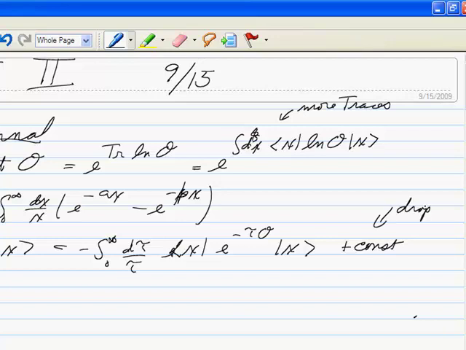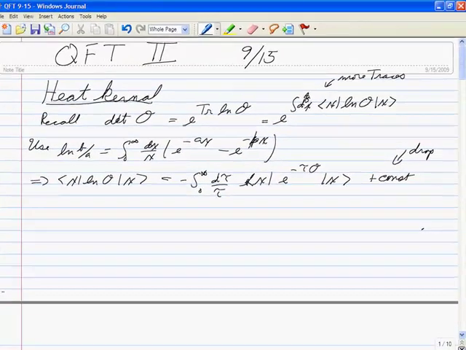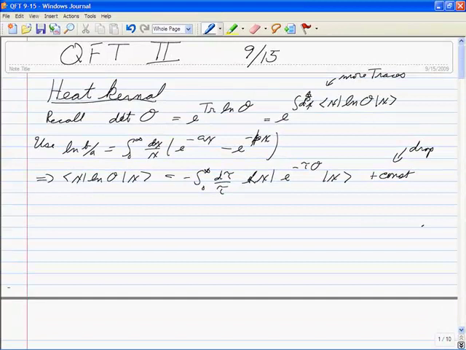Okay. This is still a tough beast. Here we've got log O sitting in the exponent. Here we have another exponent in the exponent, but it's easier to deal with exponents than it is to deal with logs of operators.